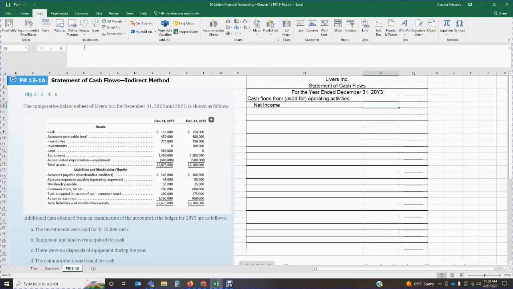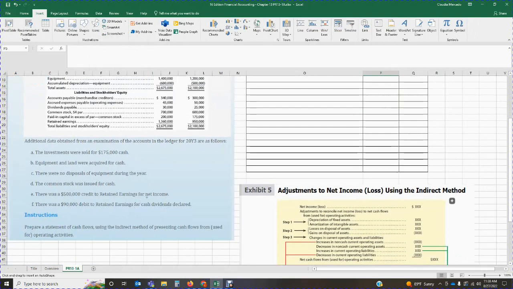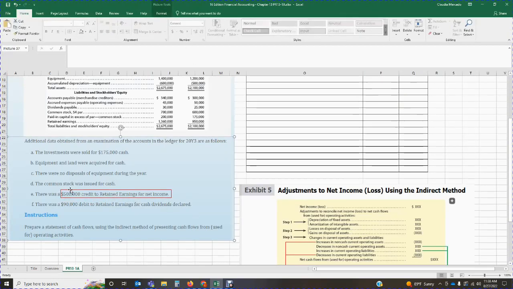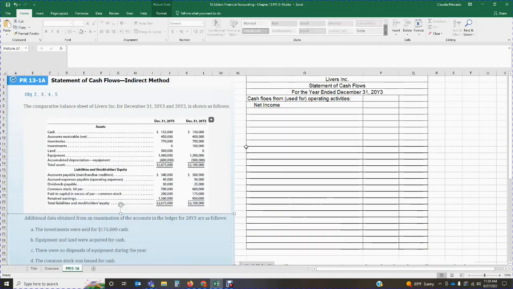We must read the problem and locate it. If we read down here, it says that we have a $500,000 credit to retained earnings for net income. So my net income is $500,000. Let's put that in there.